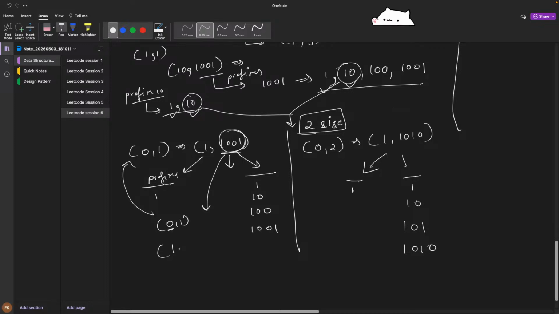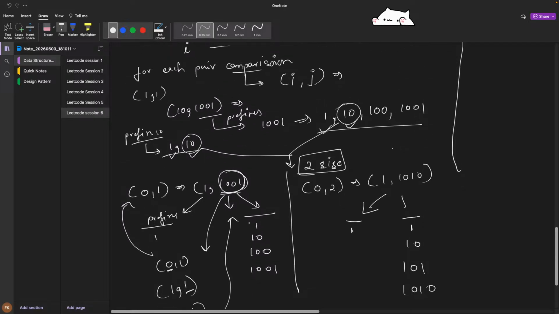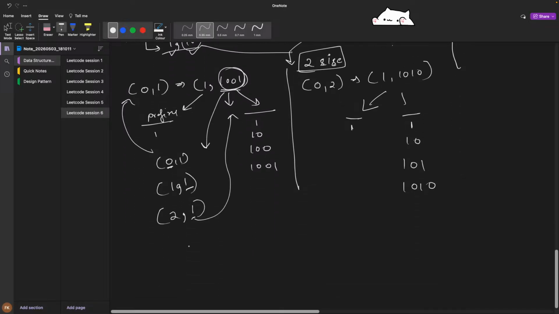For example, for the pair 1 comma 1, I'm still going to find the prefixes of 1001, and if I take the pair 2 comma 1, I'm still finding the prefixes of 1001. So anyhow, I know that we need to store the prefixes.